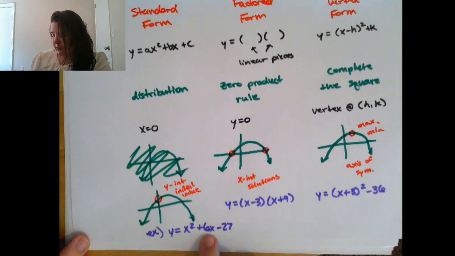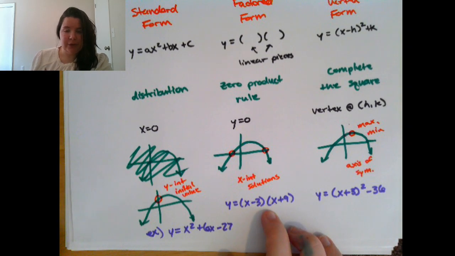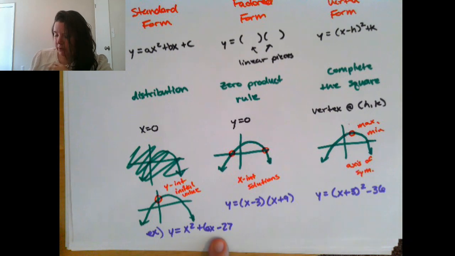So even though these all have different looking pieces and different numbers, I want to show you that they are indeed the same quadratic. And I can also tell you just by looking at these, the different parts of the parabola. For example, I can tell you that the y-intercept is negative 27.